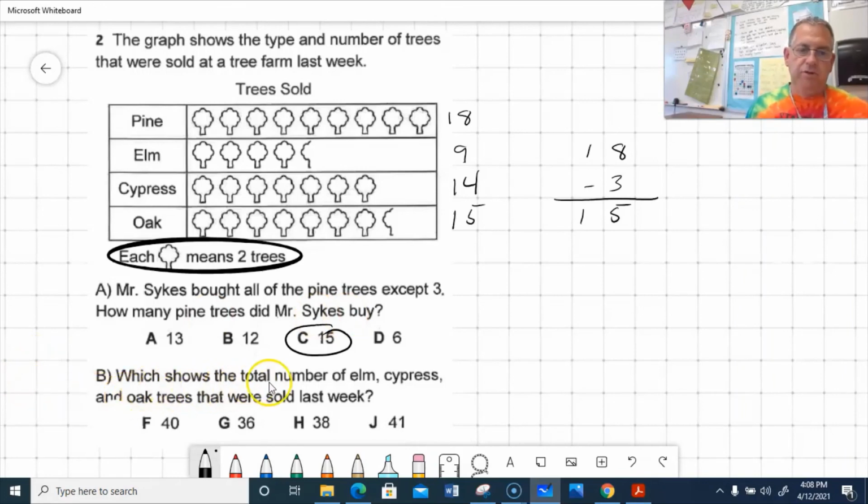B, which shows the total number of elm, cypress, and oak trees that were sold last week. So that sounds like I need to add up the elm, cypress, and oak, which is 9, 14, and 15. So I'll do this addition sentence right here. So 15 plus 14 plus 9.